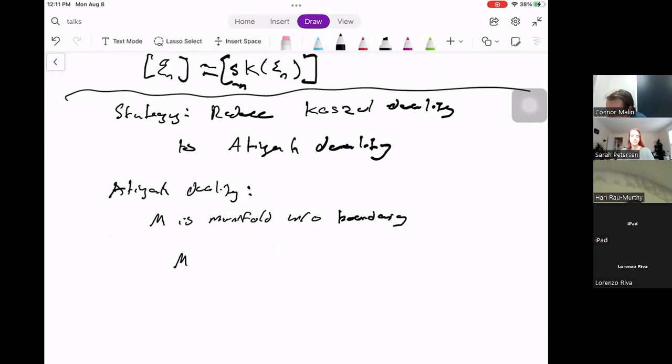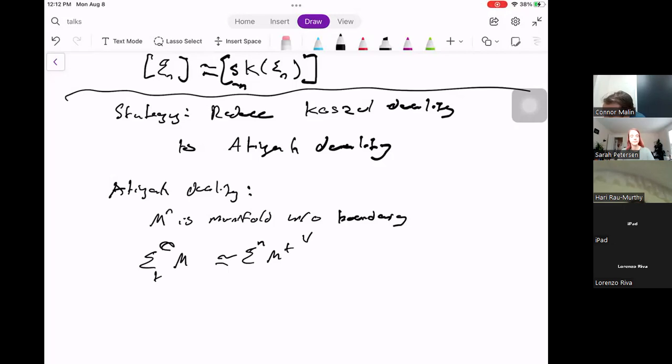We have that M, if I take its suspension spectrum, is equivalent to, if I take the one-point compactification and dualize it, and then I should suspend by the dimension.